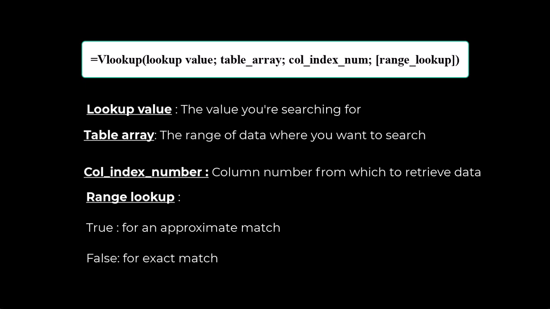Write the lookup value, which refers to the value you are searching for, then semicolon, table array, the range of data where you want to search, semicolon, column index number, the column number from which to retrieve the data, semicolon. The last one is the range lookup: true for an approximate match, false for an exact match.